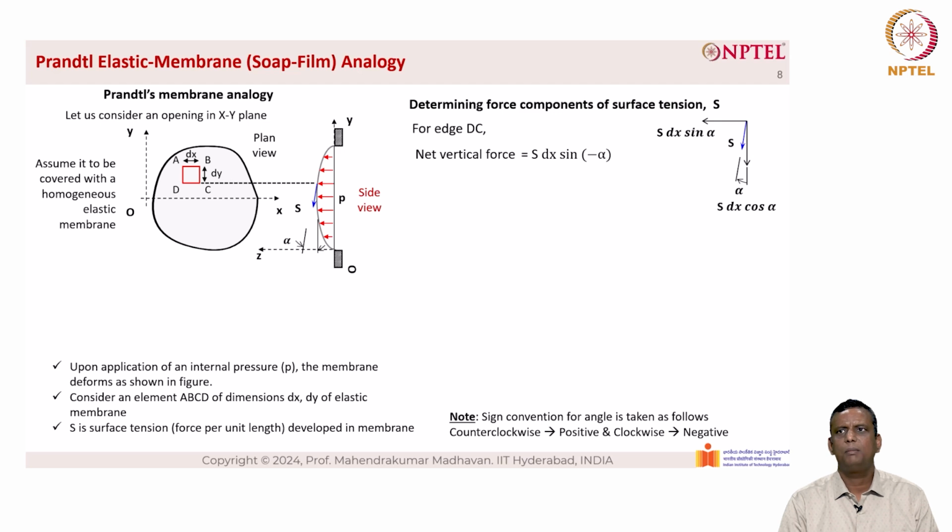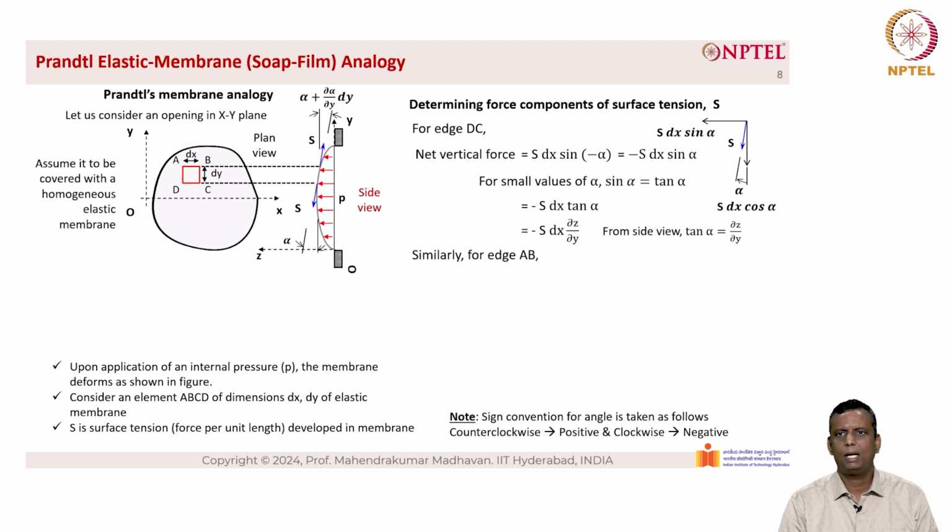So it becomes minus alpha. So that becomes minus S into dx into sine alpha. For small values of alpha, sine alpha equals tan alpha, which becomes minus S into dx into tan alpha. From the side view, we know that tan alpha equals ∂z/∂y. So it becomes minus S into dx into ∂z/∂y.